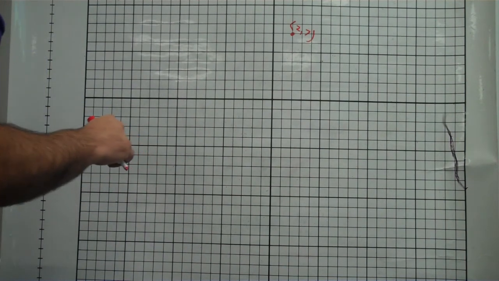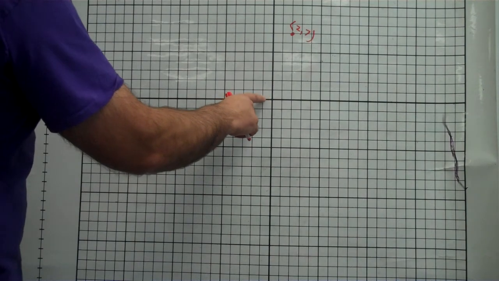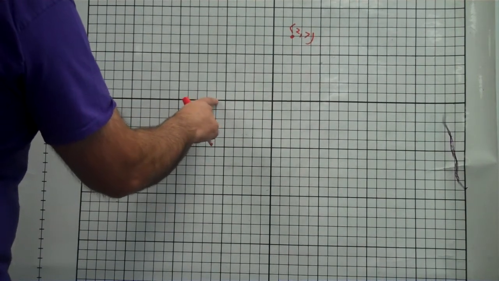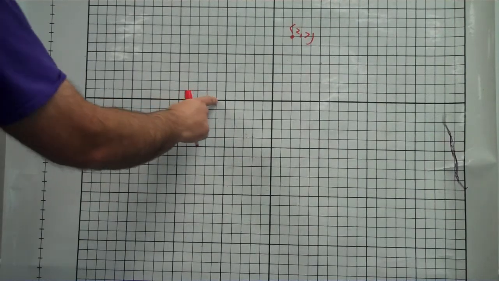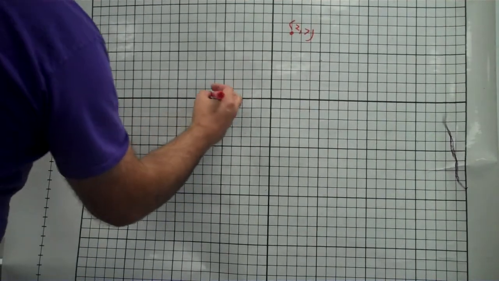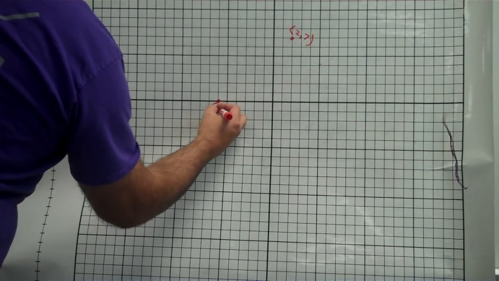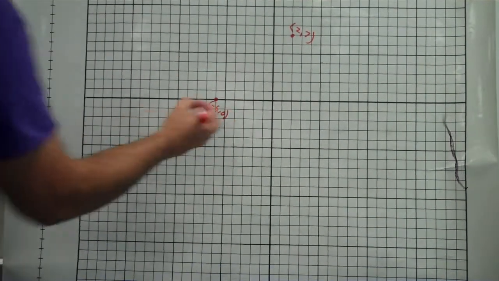The next point I need to plot is negative 6, 0. So I'm going to go on the x-axis to the left 6 spaces. So 1, 2, 3, 4, 5, 6. And on my y, I'm not going to go up or down any because it's a 0. So my point is going to be here for negative 6, 0.